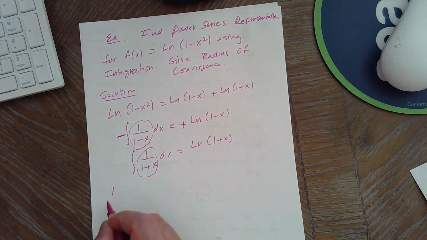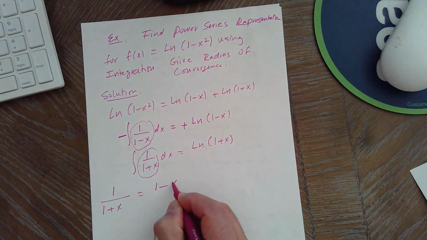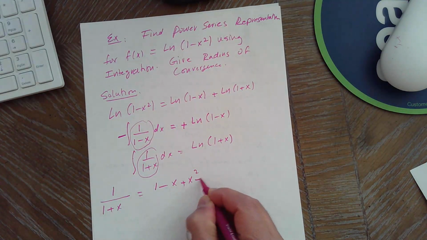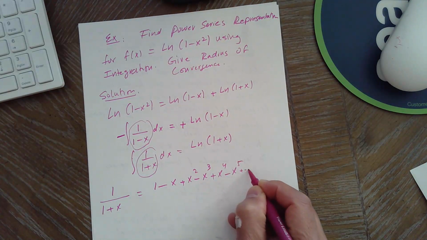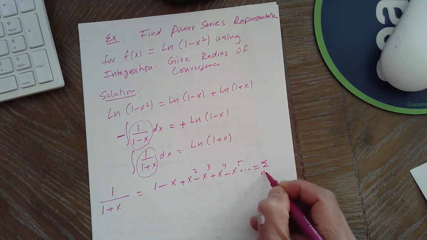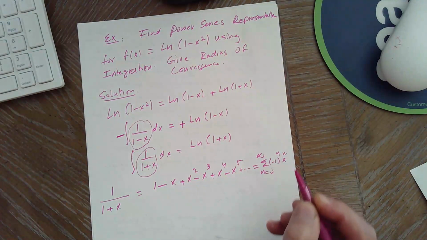So 1 over 1 plus x is equal to 1 minus x plus x squared minus x cubed plus x to the 4 minus x to the 5, and so on, which is the sum from n equals 0 to infinity of negative 1 to the n x to the n.